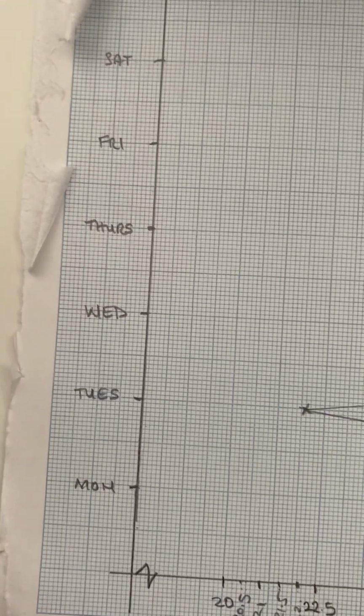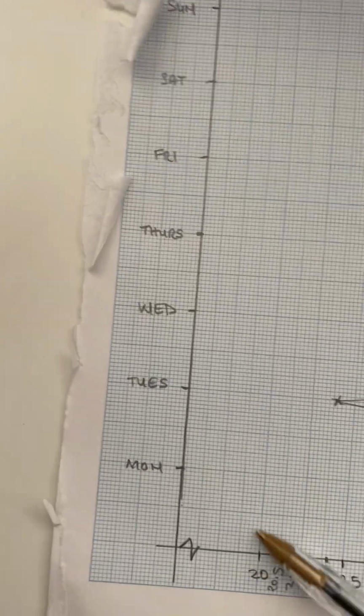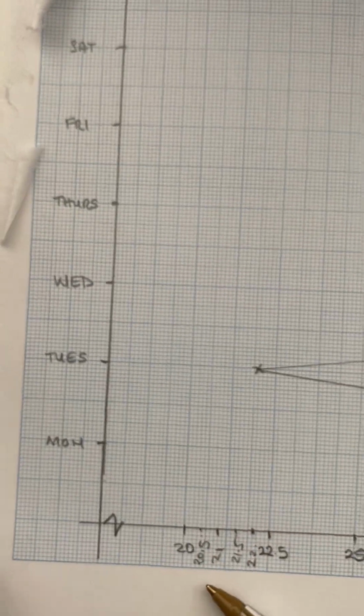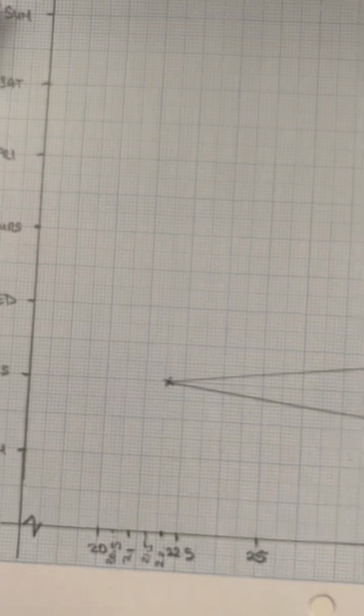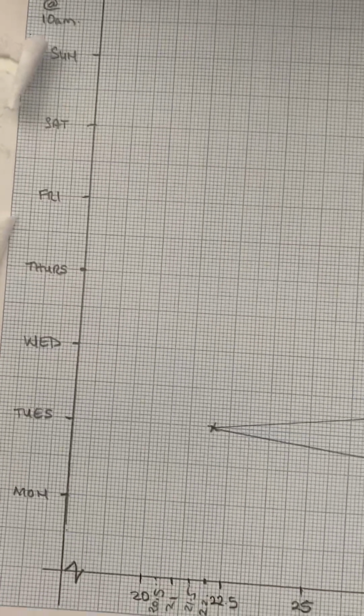You can also decide to plot it the other way around, put the temperature on the y-axis and the days on the x-axis. If you've not been told specifically, then you can do that.